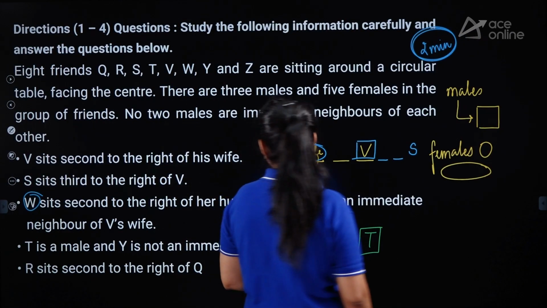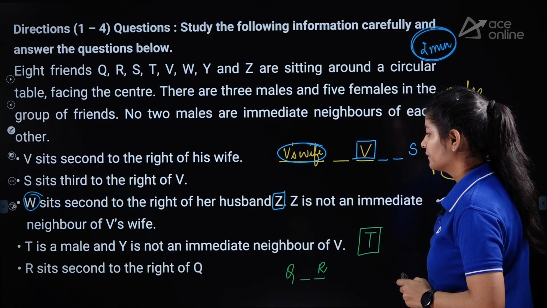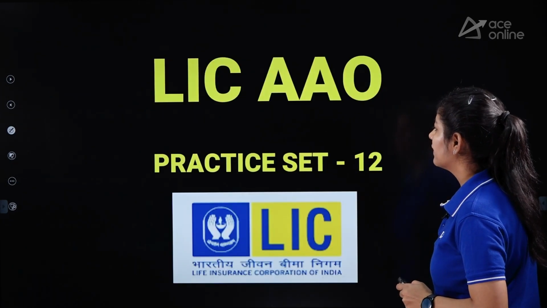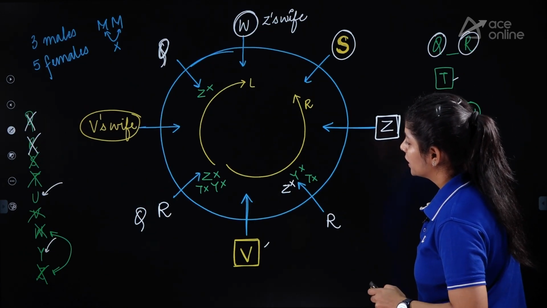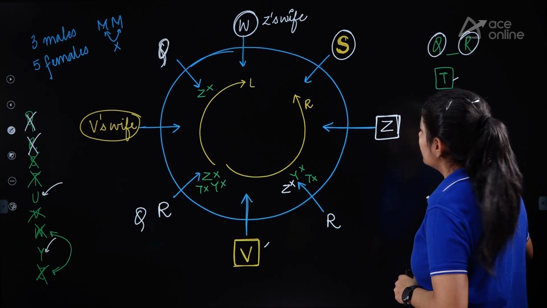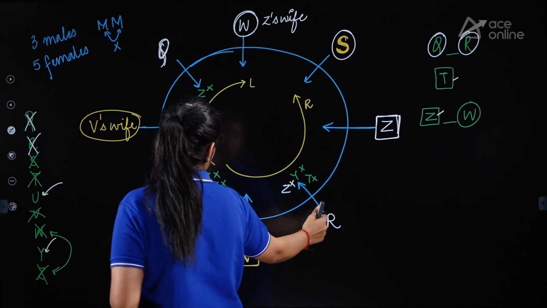Are we missing any other point that we have to consider? Okay, so there is no such information given related to the given data. Now, first we have to put this T, because we can't put T over here.